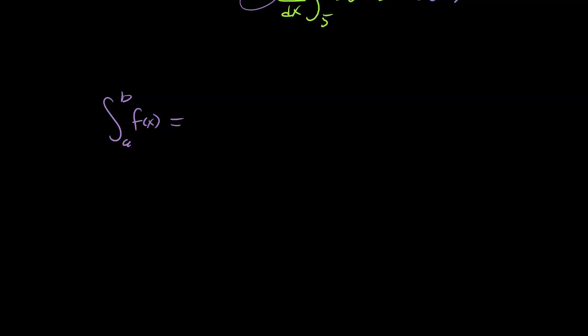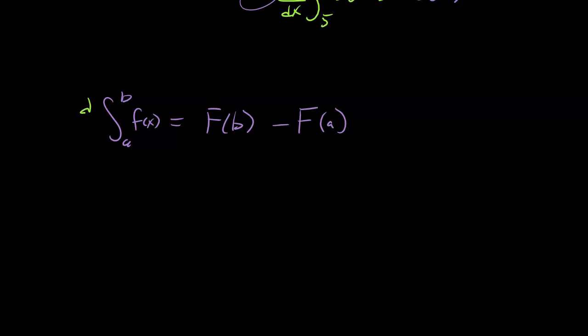What's going to happen is when you evaluate a definite integral, the capital F is like the integrated answer. You plug in the top number minus the bottom number. Okay?